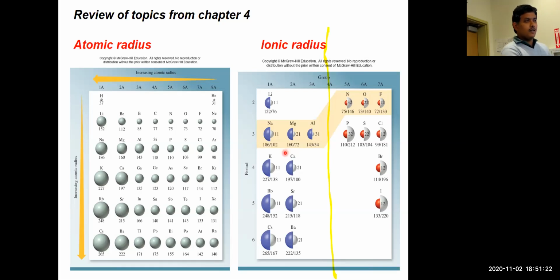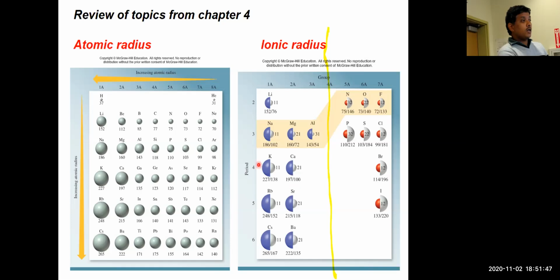Let me correct myself again. The larger blue one is the atomic radius, and the gray one inside is the ionic radius when it lost the electron. So ionic radius for sodium is 102, whereas ionic radius for magnesium is 72, and ionic radius for aluminum is 54. So the trend from right to left is that it increases.